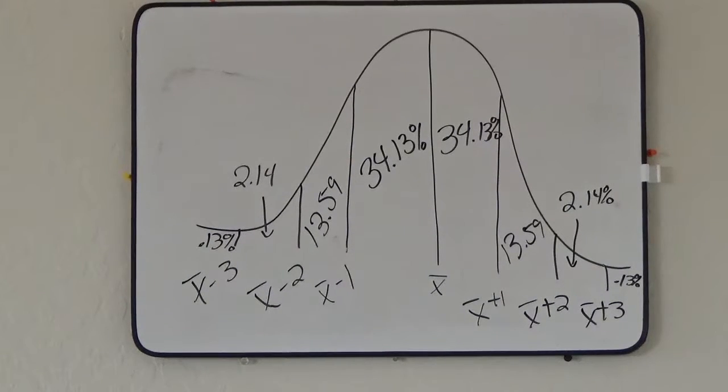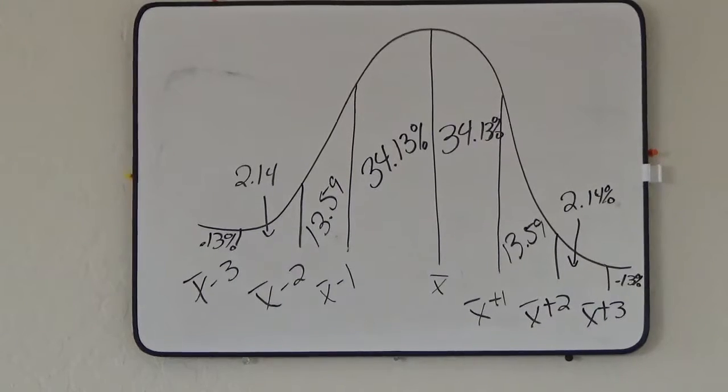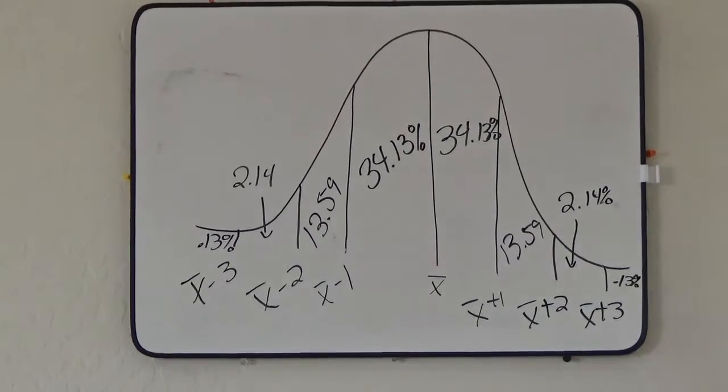All right, Chebyshev's theorem. This is the lower limit theorem. And that's that the proportion of any set of data lying within k standard deviations of the mean is always at least 1 minus 1 divided by k squared, where k is greater than 1. Okay, so let's look at this.